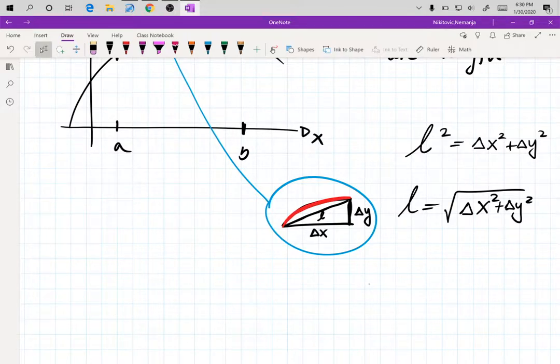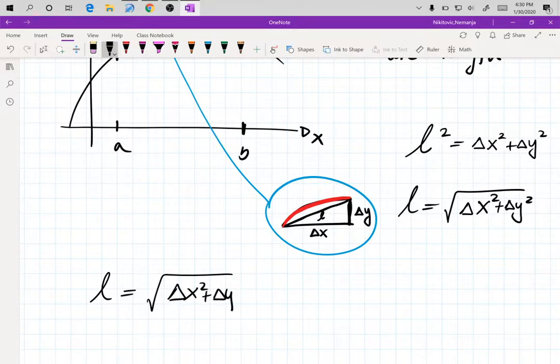So now I'm going to do a little trick over here. Delta x squared plus delta y squared. I'm going to multiply by delta x over delta x. Out of nowhere. This is like when the magician pulls the rabbit out of the hat. It would be so good if I had fairy dust.